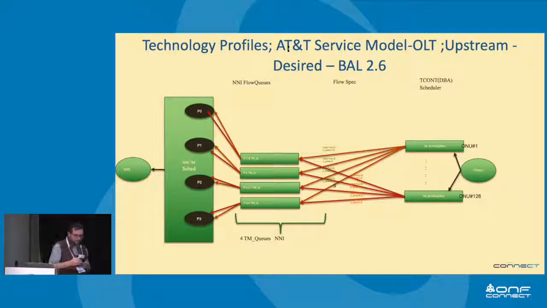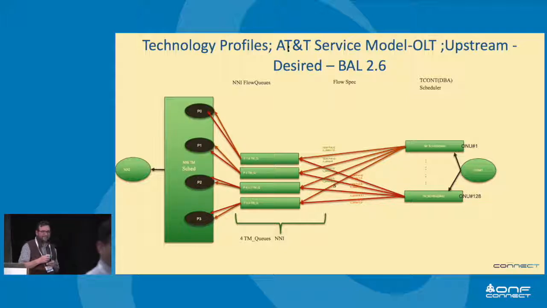Any other questions? Actually, I have the mic. So this obviously is tied to the Broadcom BAL implementation, which is Qumran plus Maple. What would be required, I guess, it's a little bit like Shaun's question, to support other non-Broadcom implementations? Well, the OpenOLT adapter should be as it is, right?